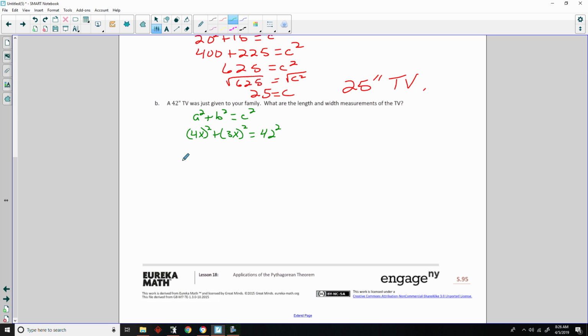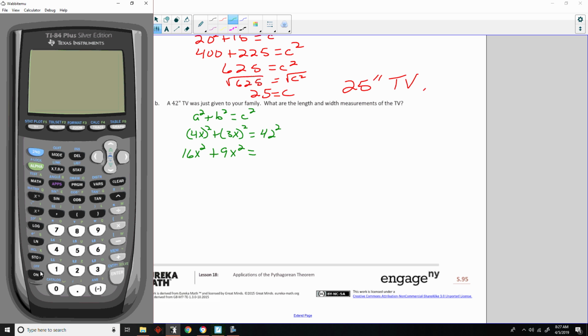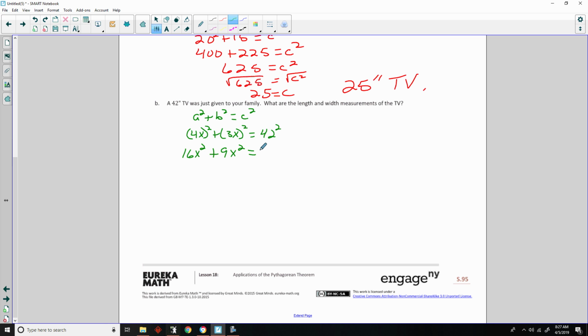So 4 squared is 16, x squared is x squared, plus 3 squared is 9, times x squared, equals 42 squared, which is 1764. So I combine like terms, which is 25x squared equals 1764.